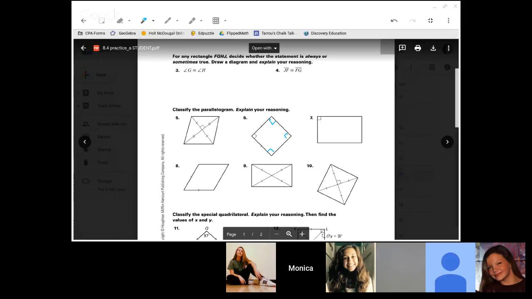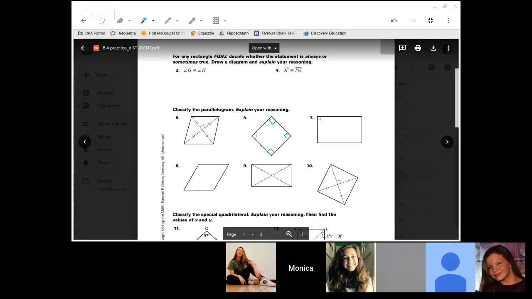Well, tell me why you think it's a square. Okay, we got to go with more than just that, though. So look at your family tree, look at the properties of a square.